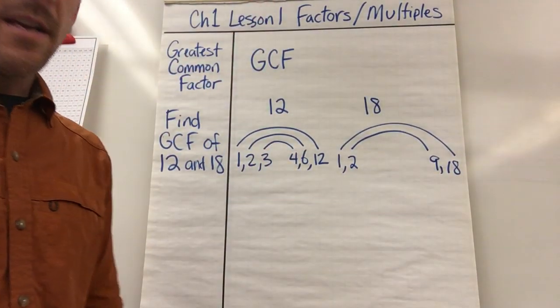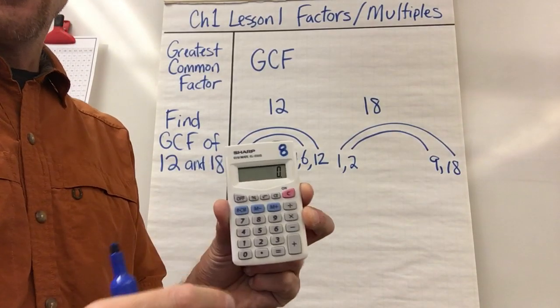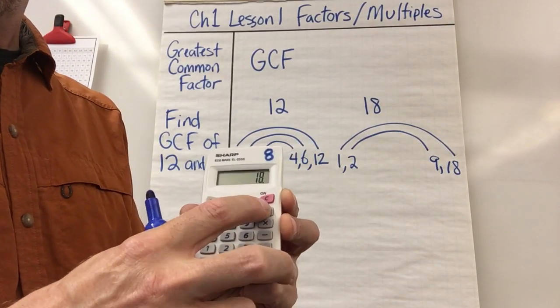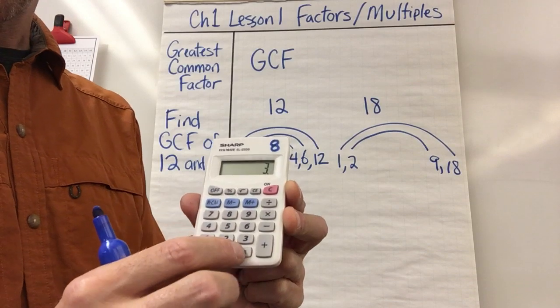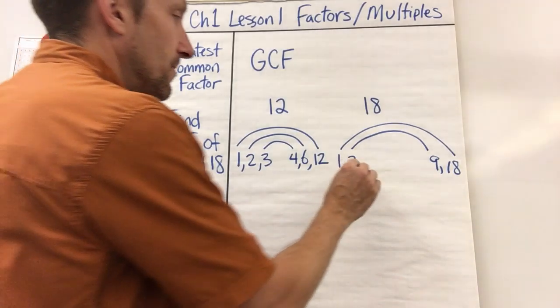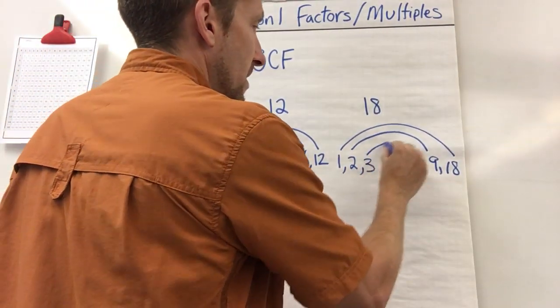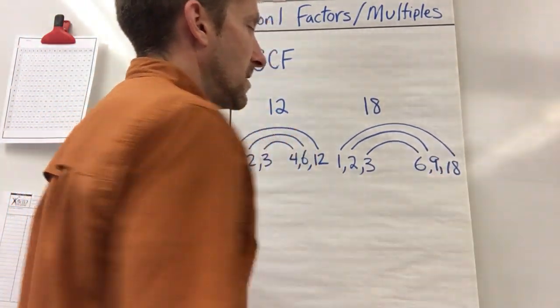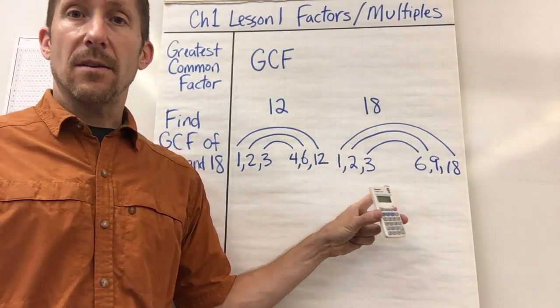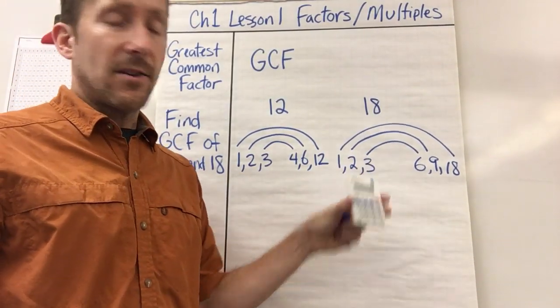Next number is 3. If you're not sure, again, here is what you do. You type 18 into your calculator, divided by 3. You want a whole number. I get 6, no decimal. 3 over to 6. I keep counting up to see if there's any more factors in the middle. Is 4 a factor?